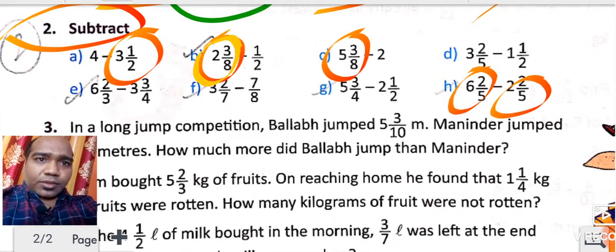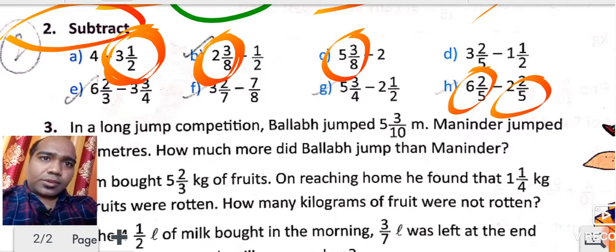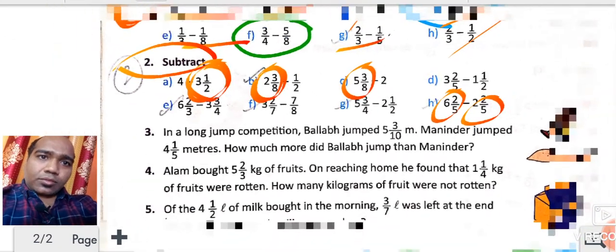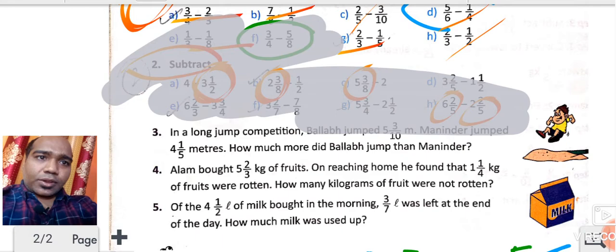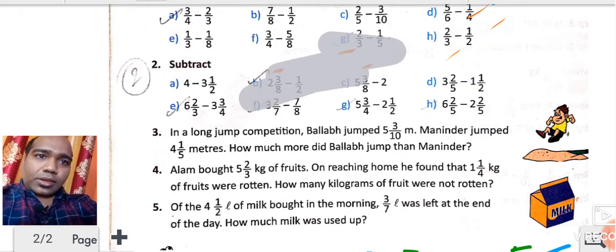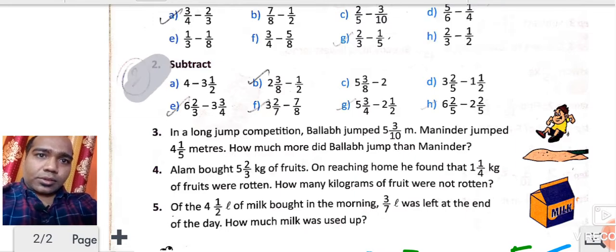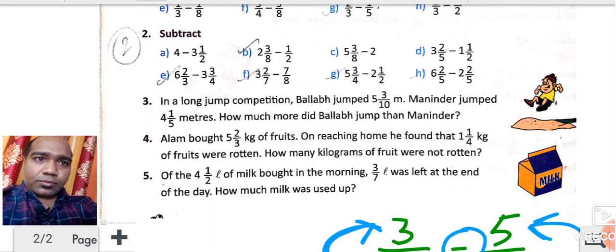The mixed fraction will change into what? Into an improper fraction. Then we'll solve as it is. Okay, so the mixed fraction will change into an improper fraction, then we'll solve as it is, like subtraction of fractions.